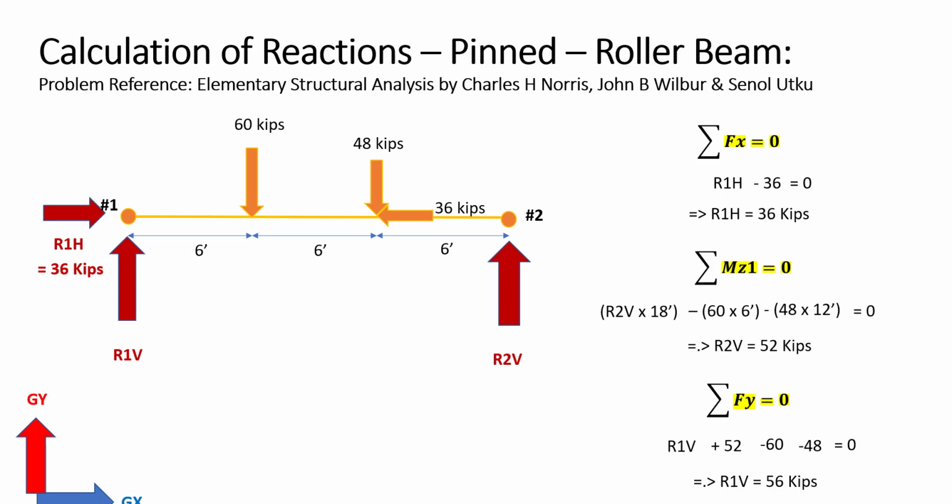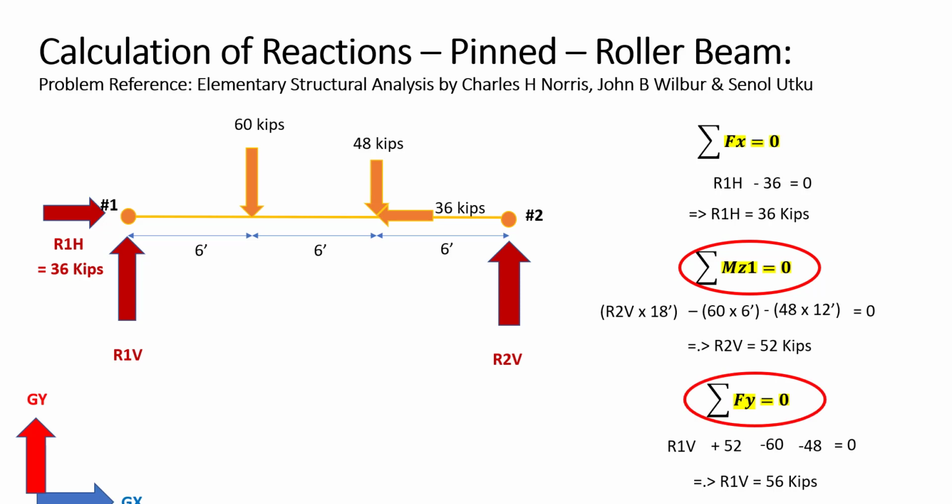Now it is the same thing that we have used here as well, but in the earlier session, what we had done is we had taken the moment about point 1, which had made the R1V term disappear, because R1V, which was one of the unknowns, was passing directly through point number 1. So that won't create any moment. So we had only one unknown in that equation, and thus we had solved directly for the R2V, right?